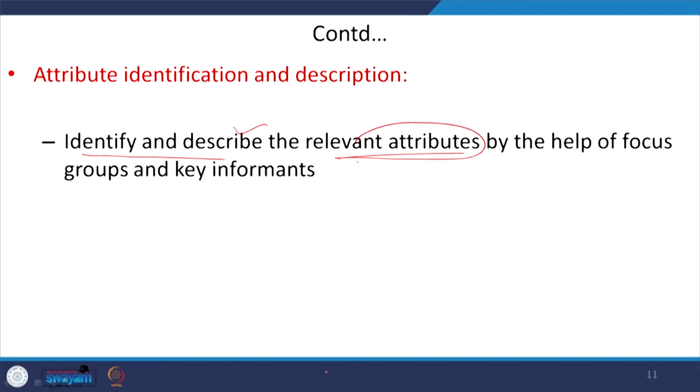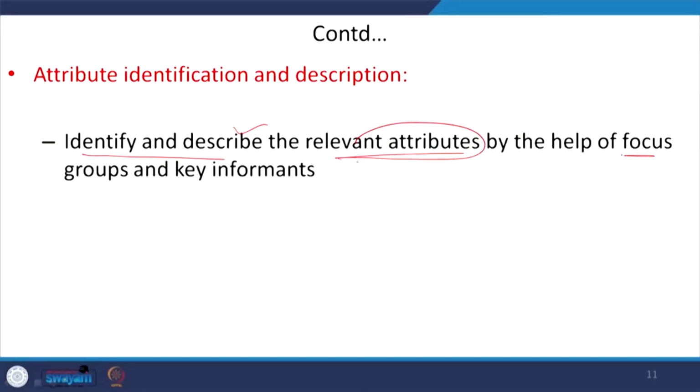So, in case of this pro-conservation program or pro-conservation policies, in our example, if you have to identify and describe the relevant attributes, then we must take the help of the focus group. So, who are the focus groups? They are the stakeholders, or somehow related to these particular attributes or particular goods, services and questions.